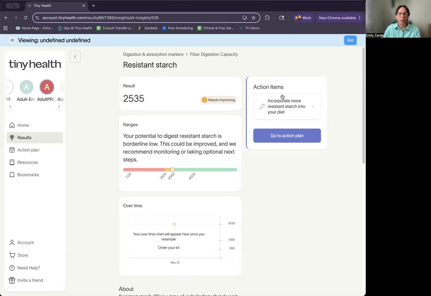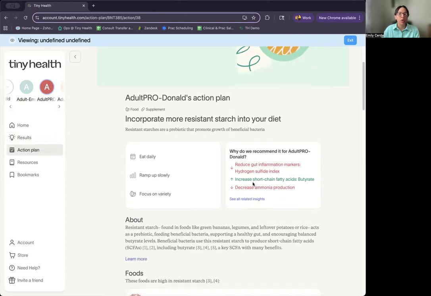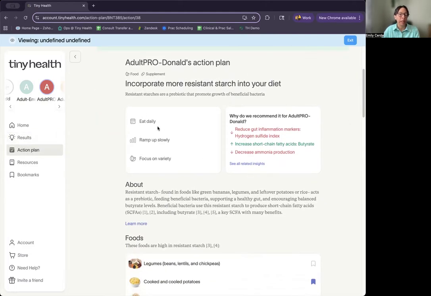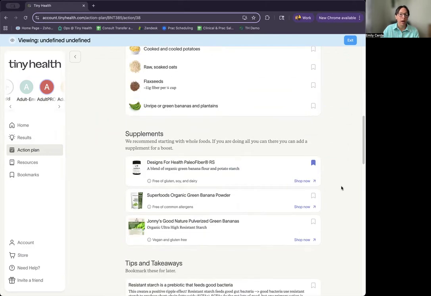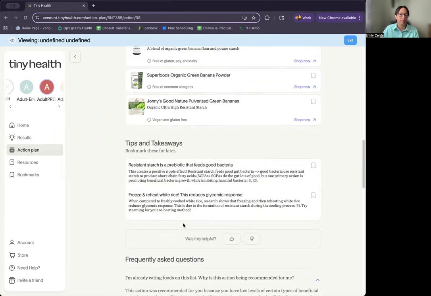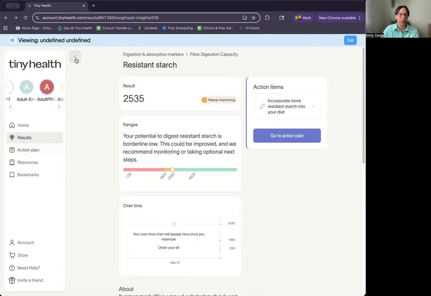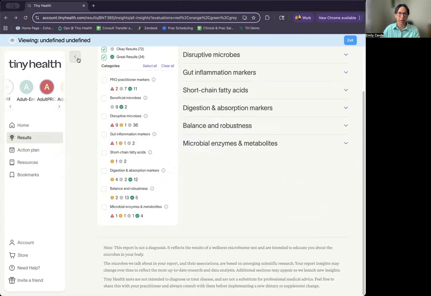So as you look at the action items associated to eat more resistant starch, you will notice some tips to eat this daily, but to ramp up slowly. So we're talking about small servings, and you can look at the foods associated, you can bookmark if you wish. We do have supplements as well, if that's easier for the patient. So this is about those microbes not being present that are carrying the genes to help with this function.